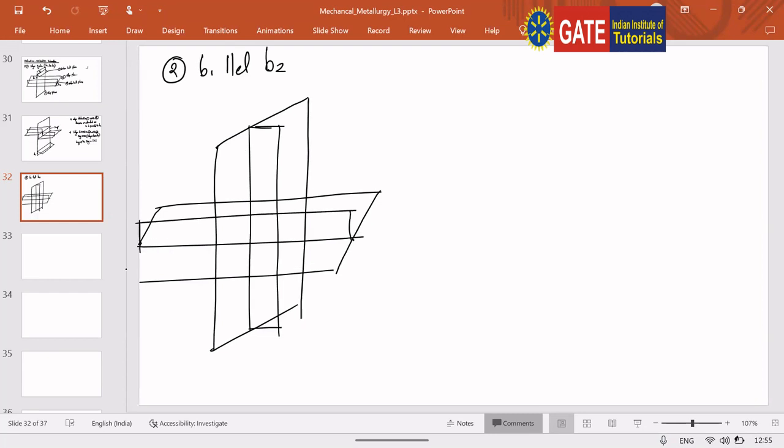This is your first slip plane, this is your first extra half plane.